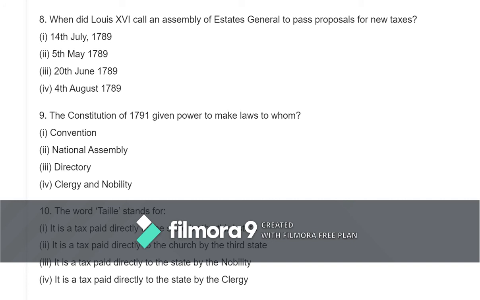And tithe was a tax levied by the church comprising one-tenth of the agricultural produce. It was mainly collected from the peasants. And taille was the tax which had to be paid directly to the state. So here the answer would be option number 1. It is a tax paid directly to the state by the third estate.